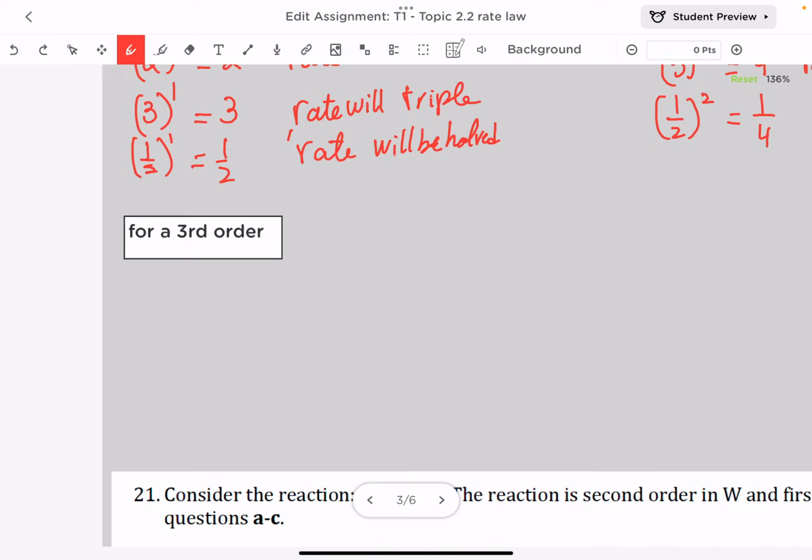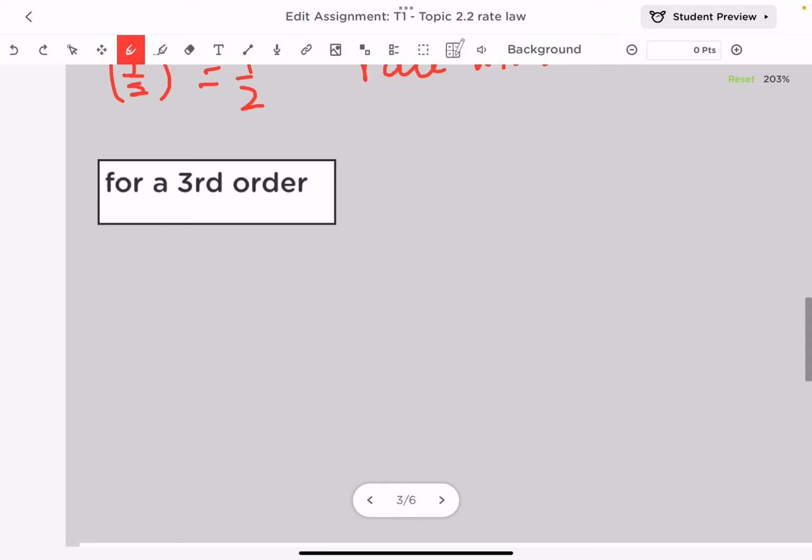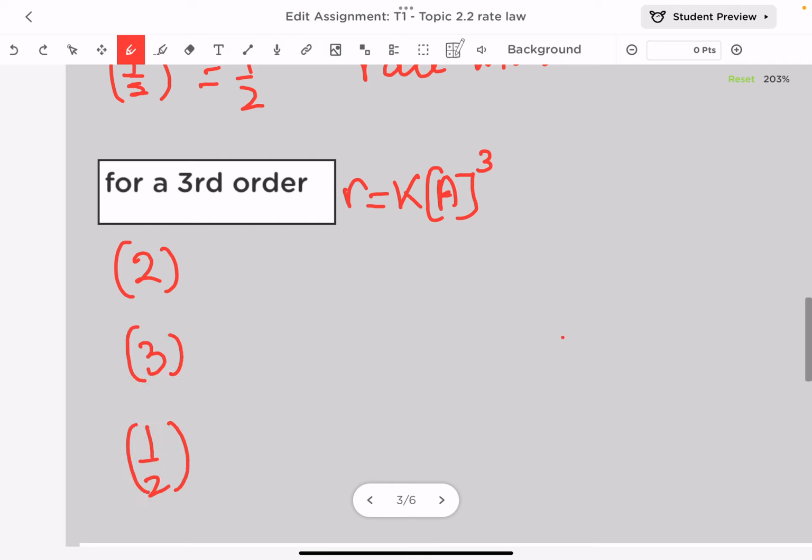Now, one more example. If the rate law is third order in a certain concentration, so A to the power of 3, third order. If I double the A, if I triple the A, if I halve the A, what will happen? Every time, whatever I do, I raise it to the same order. So this one will be equal to 8.